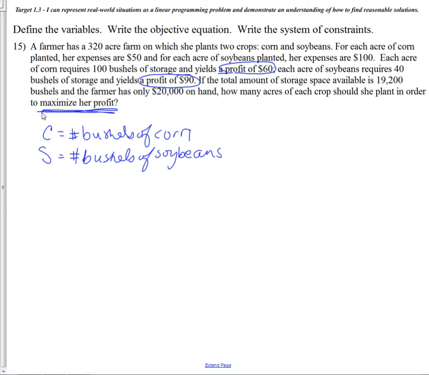From those we can go ahead and write the profit equation right away. Corn is $60 per bushel, and looks like soybeans is $90 per bushel.